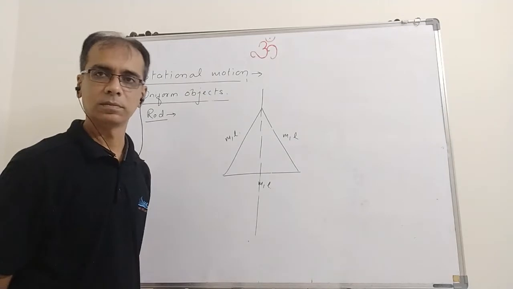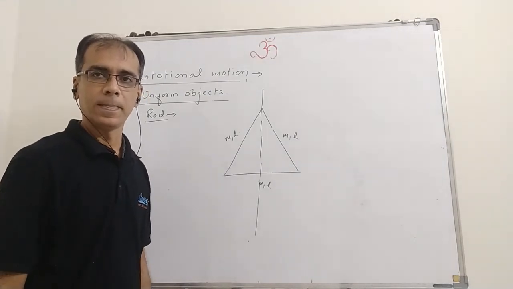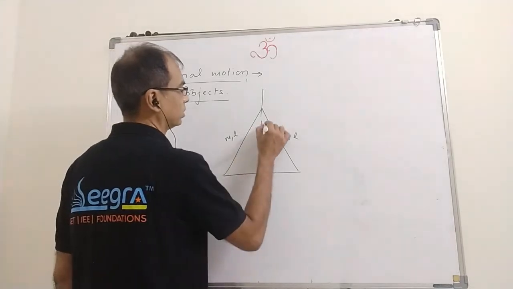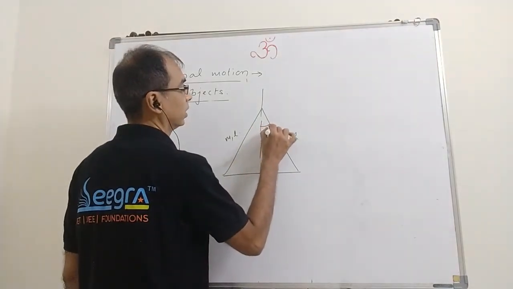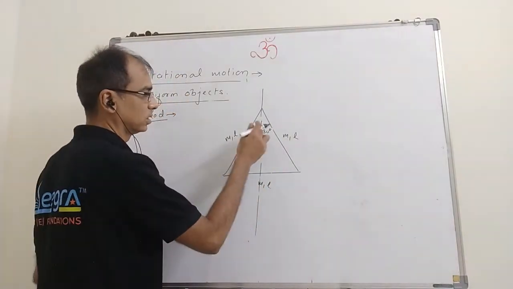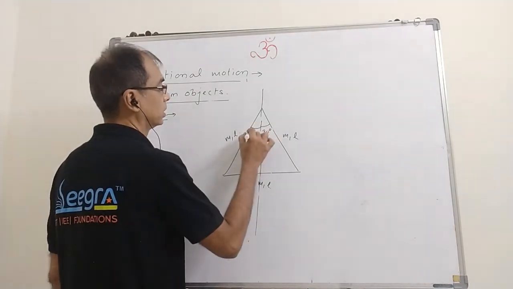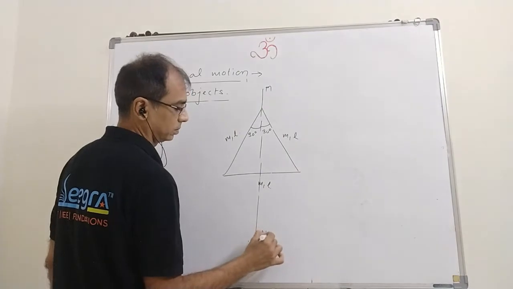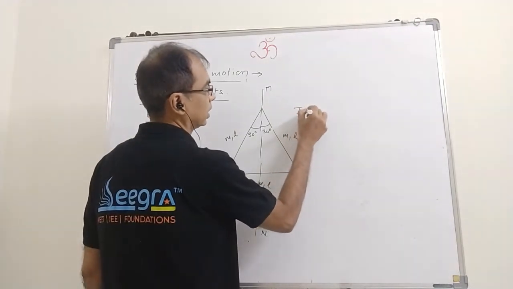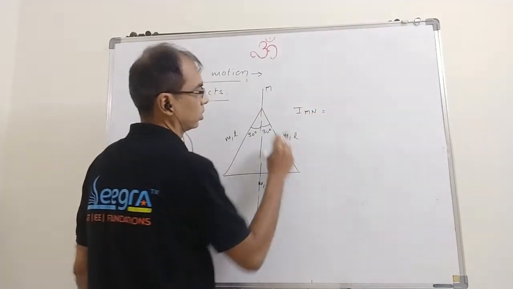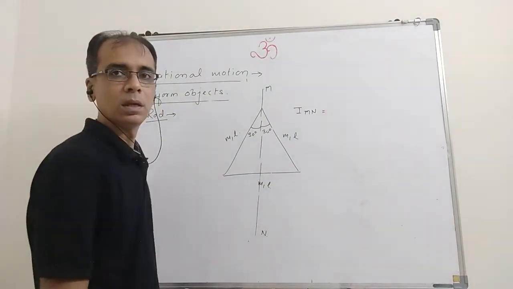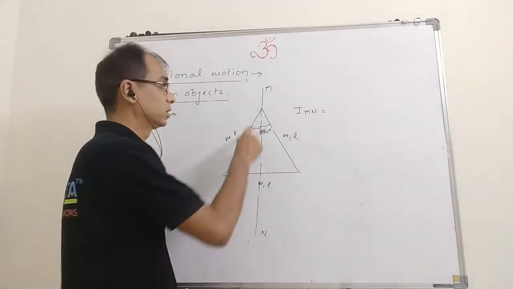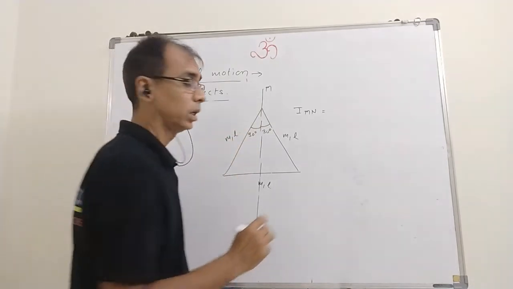This is very simple. So this angle is 30 degrees. Why? It's an equilateral triangle. This is 30, this is 30. So see, then I am writing the moment of inertia. Let's say this is I. For this rod, ml square by 3 sine square theta, because this is passing through its end.